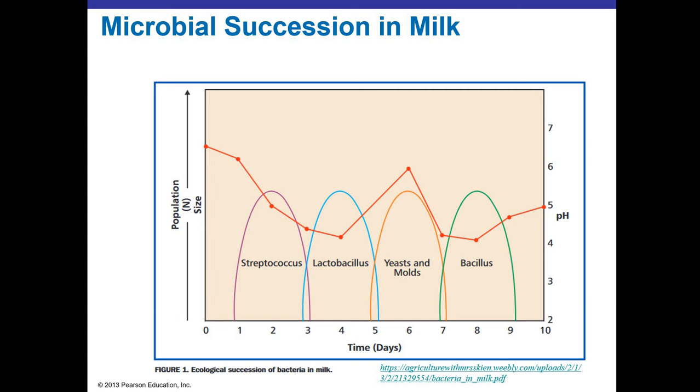If you remember, these are organisms that can ferment various carbohydrates. So they're going to drop the pH, and as we see on the right-hand scale, these may drop the pH down to around 4, and that's why we then see the spike in growth of things like yeast and molds, which like that more acidic environment.